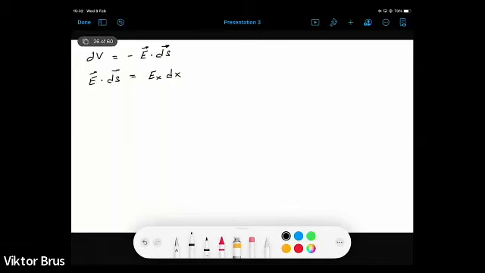So they are parallel to each other, and that's why we get just the product of their magnitudes. So in this case, if we want to determine a small change of electrostatic potential along axis x, we will get the following: dV, small change of this potential, will be minus Ex times dx.